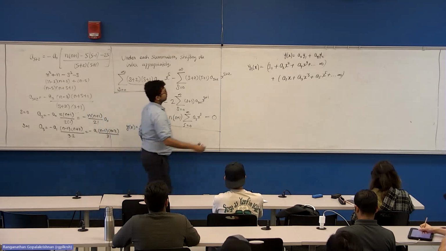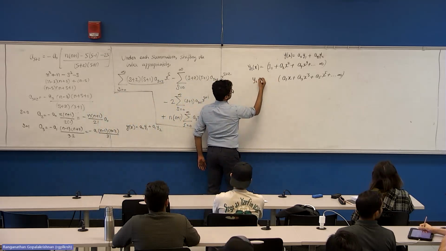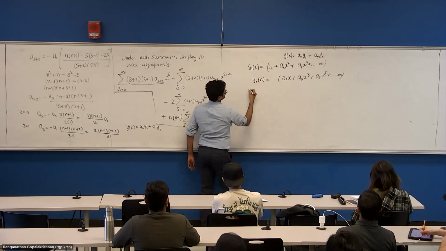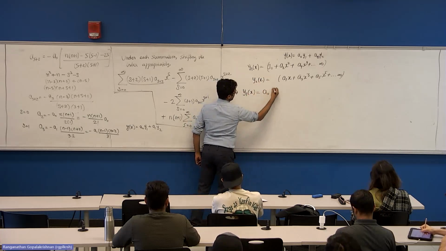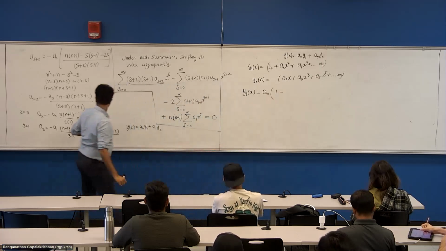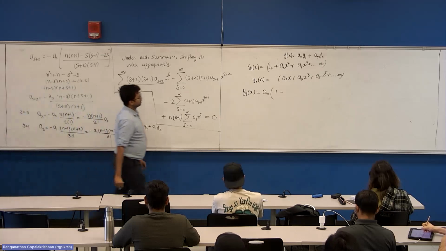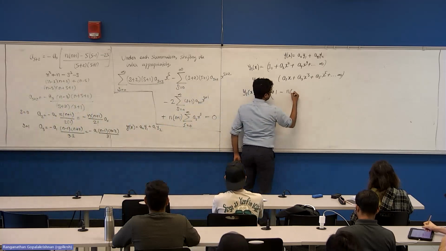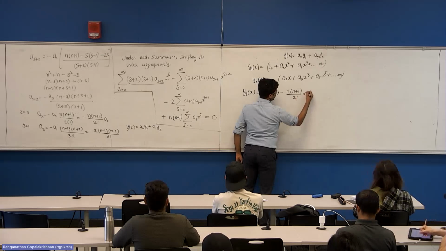So I can write the first summation, sorry, this is just the second function. So I can write y1 of x equal to a naught times 1 minus n times n plus 1 divided by 2 factorial x squared.